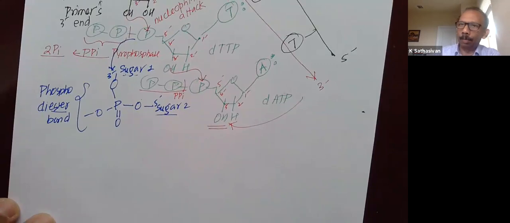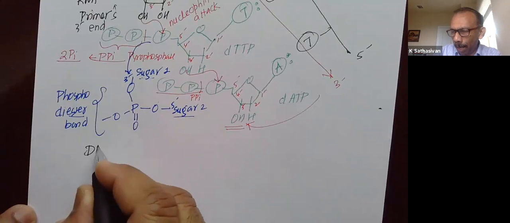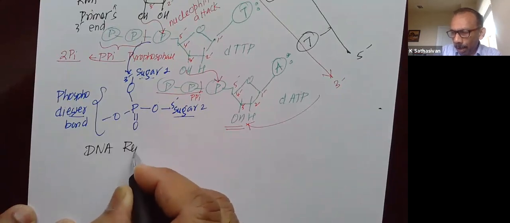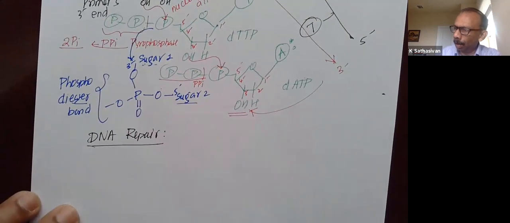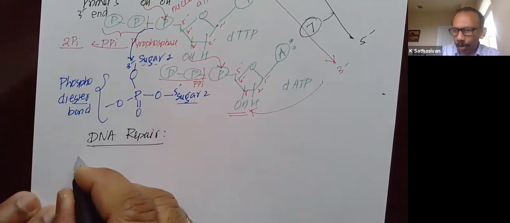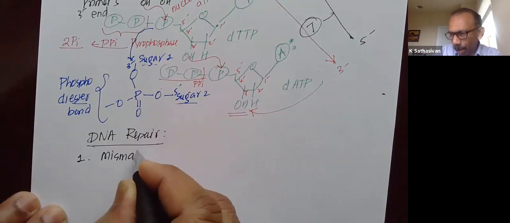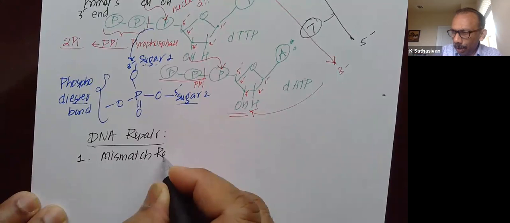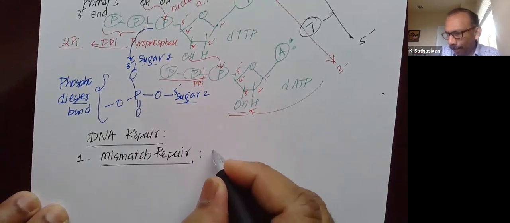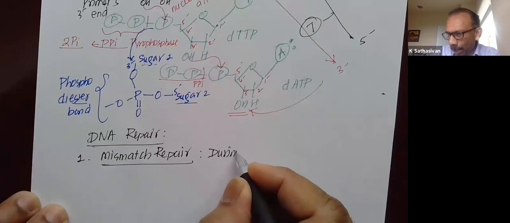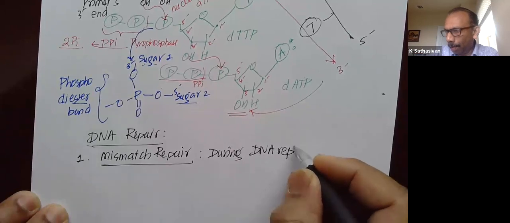Okay. Last but not the least, I will wrap it up with the DNA repair mechanisms. And even if it takes a little bit longer, let's complete the whole story. The first repair is mismatch repair. This happens during DNA synthesis, during DNA replication, by the enzyme DNA polymerase.